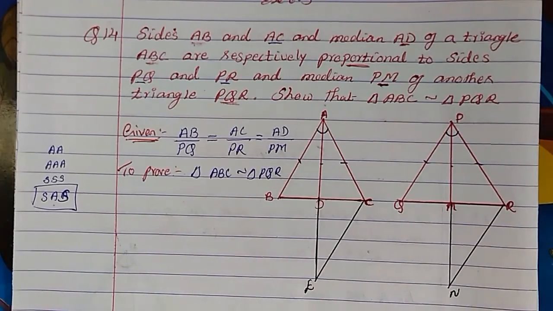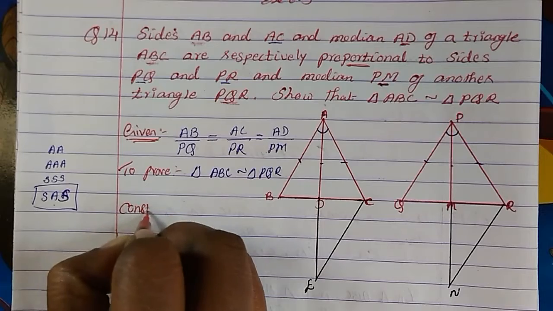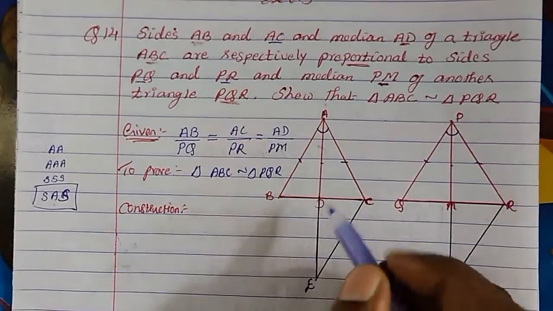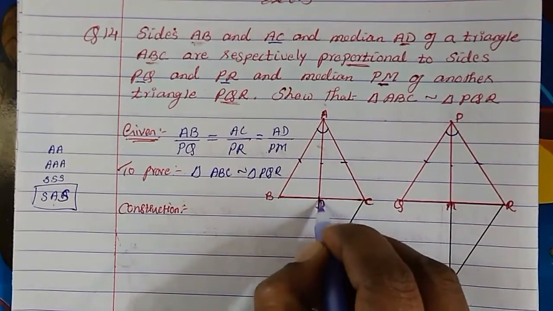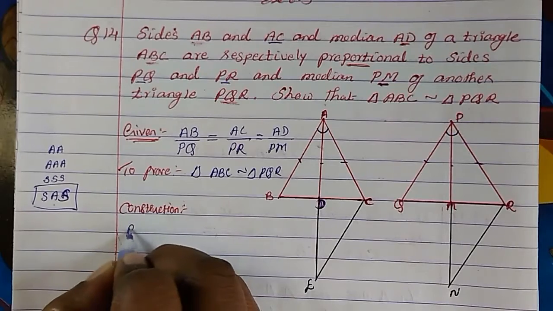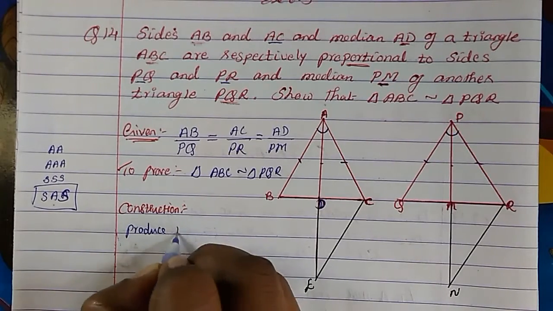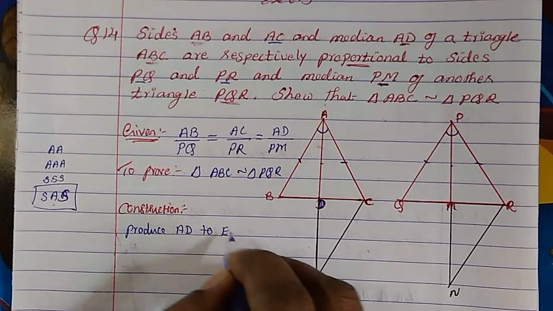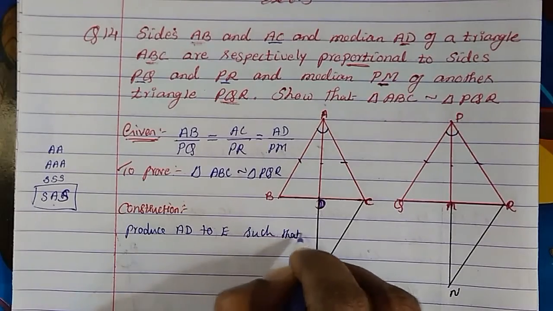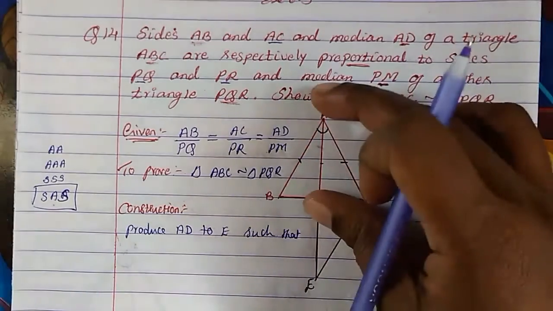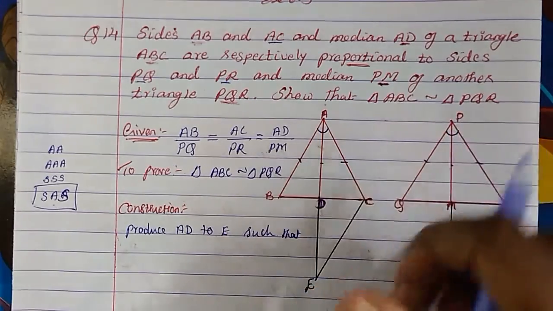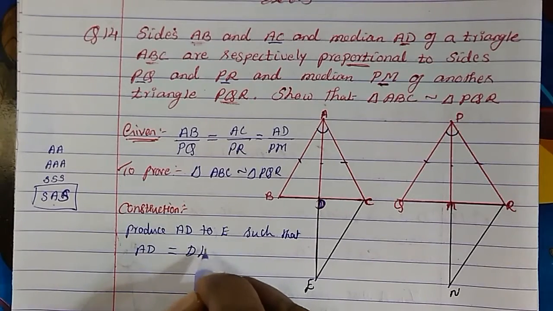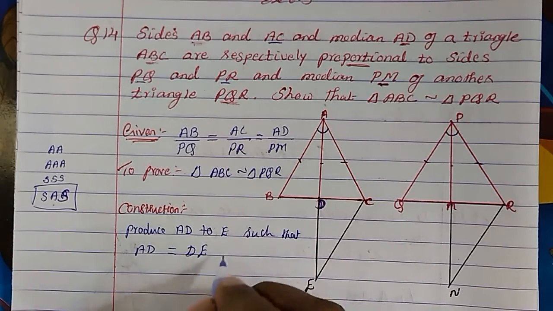Okay, so let us write down the construction. What we have done is producing this AD, this is D. So we have produced AD up to E, in such a way that AD is equal to DE.